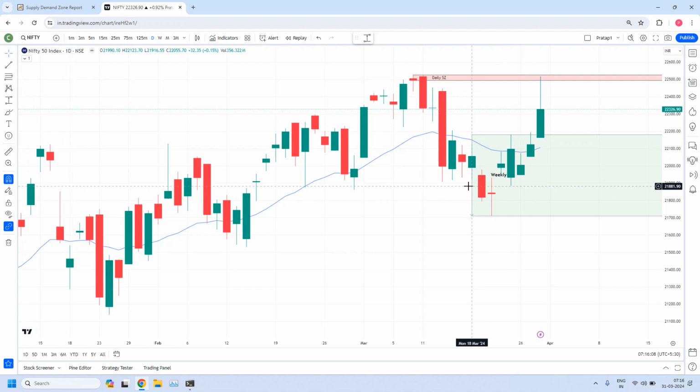But anyway, the institutions consumed all the demand. Actually, it is not 5 minutes, it is 15 minutes. In the 15-minute bull trap area, it consumed all the order flow, and finally it pushed the price down.